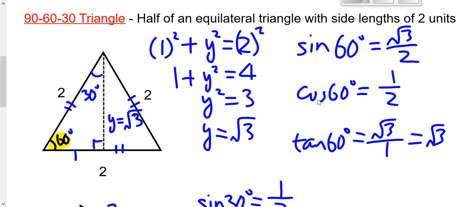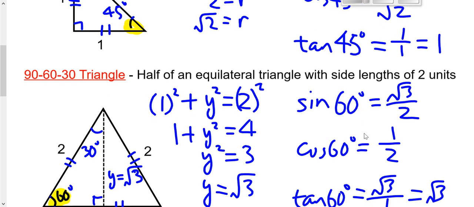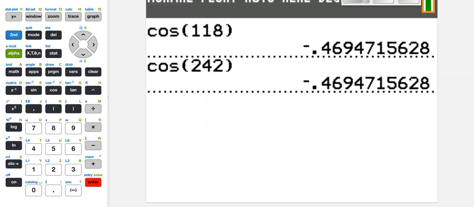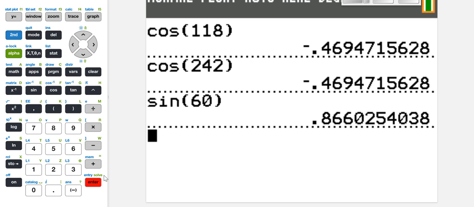Exact. This one you can cheat by using a graphing calculator. So cos 60 gives you 1/2, no big deal. But what about sine 60? If you do it on your graphing calculator, what is the exact value?